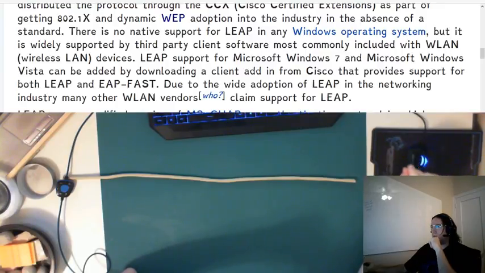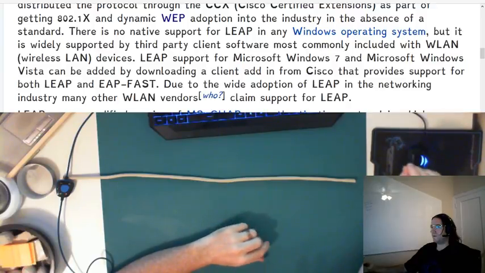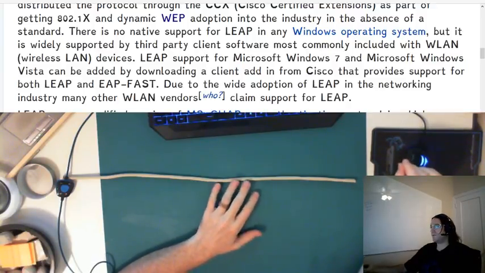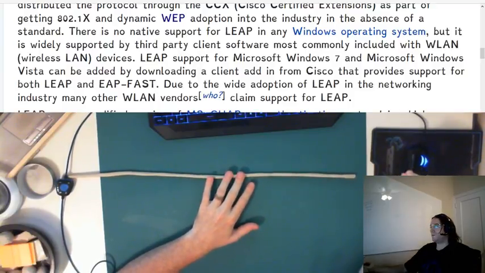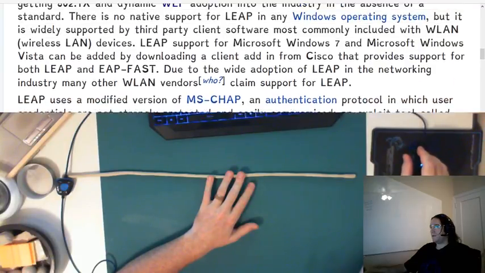There is no native support for LEAP in any Windows operating system, but it is widely supported by third-party client software, most commonly included with WLAN devices. LEAP, good. I don't care about LEAP then.